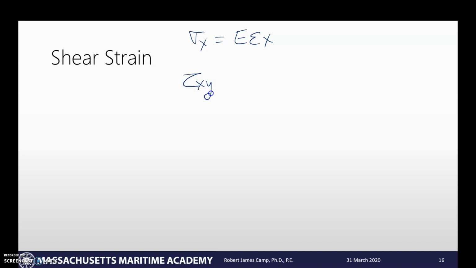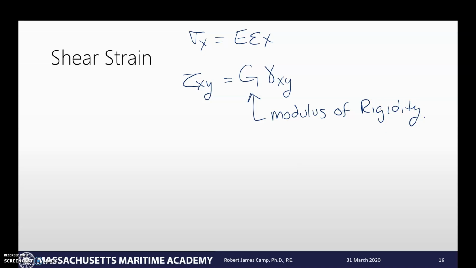So tau xy, that's our shear stress, gets related to our gamma xy. So this is our shear angle. But we have a new constant of proportionality, and we're going to call that constant of proportionality G. And this is what we call the modulus of rigidity.